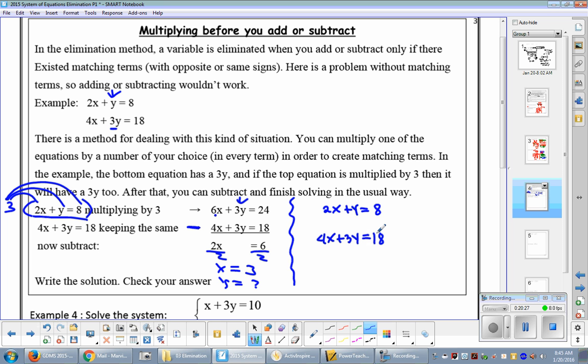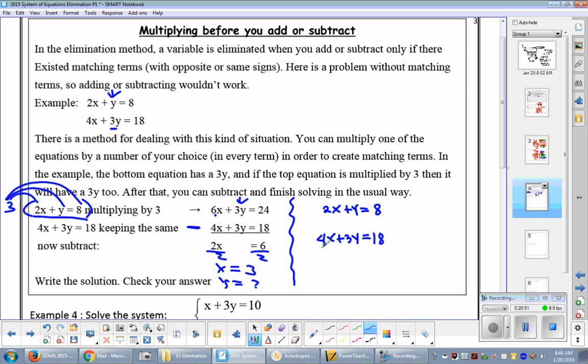So we're done with eliminating y. What if instead of eliminating our y, we are going to eliminate our x? We want the x in the first equation to have the same coefficient as the x in my second equation. So what should we do with our first equation?